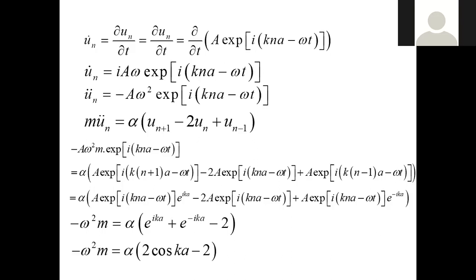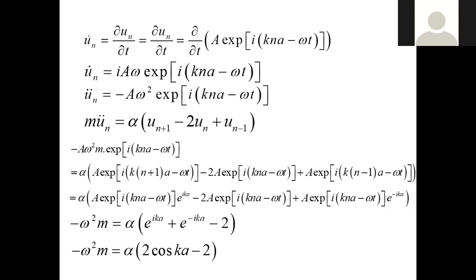So ultimately, if you put the exponential i k a plus exponential minus i k a with the help of de Moivre's theorem, one can see very easily that exponential i k a plus exponential minus i k a is twice cos ka.